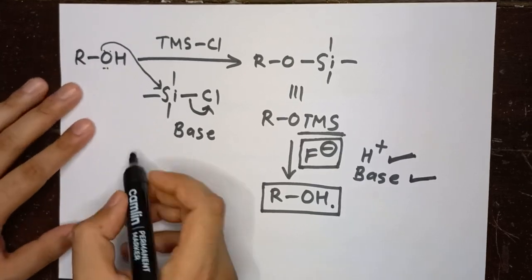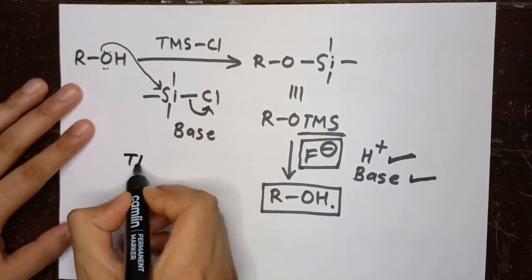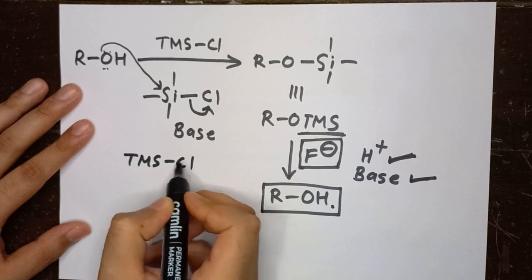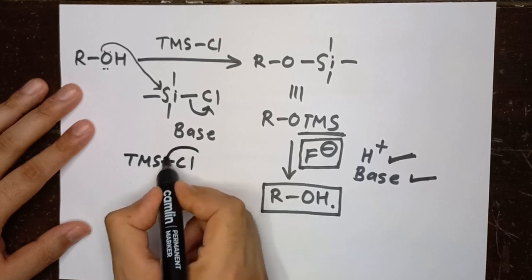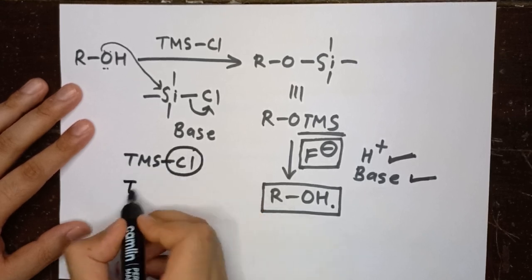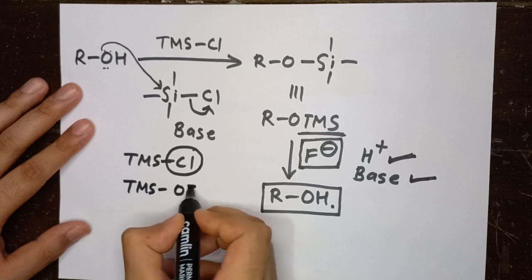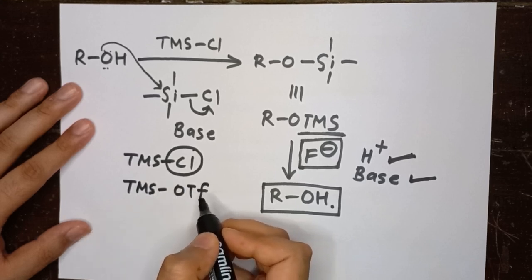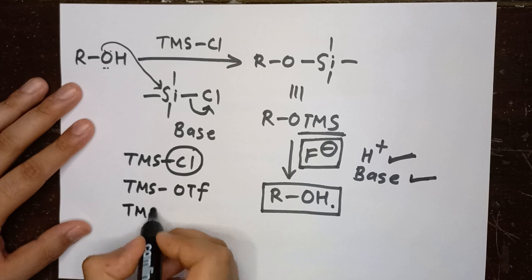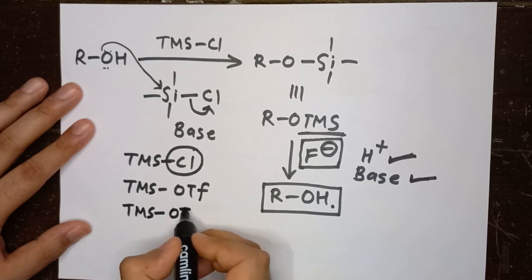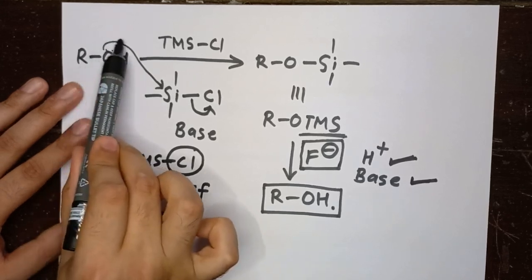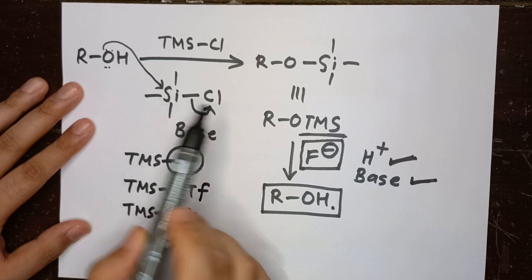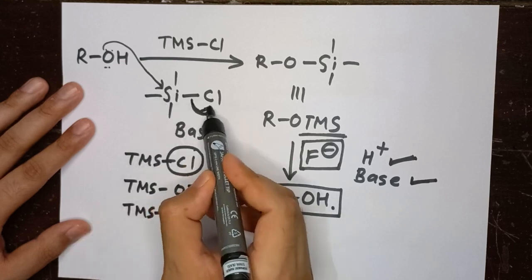And also, to protect, I have used the chloride version. You can keep any leaving group here. You can see TMS OTf. It is possible. You can see TMS OTs. Basically this oxygen is going to attack at silicon and the leaving group is going to leave.